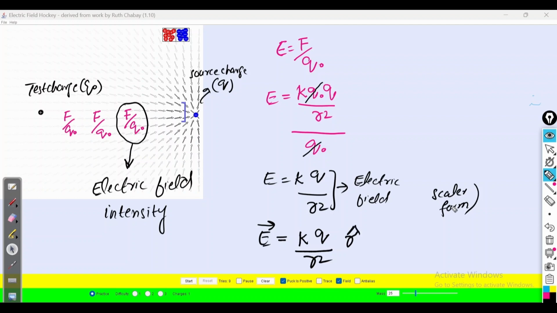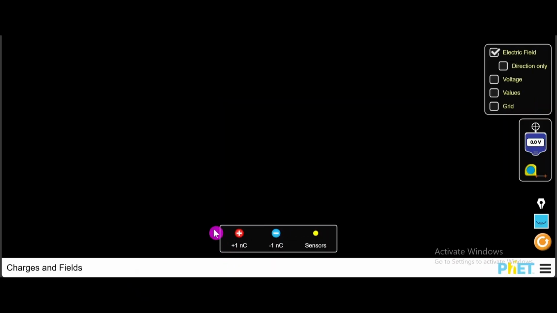This is all about the electric field lines and electric field intensity. Until here we discussed all the concepts related to a single charge.